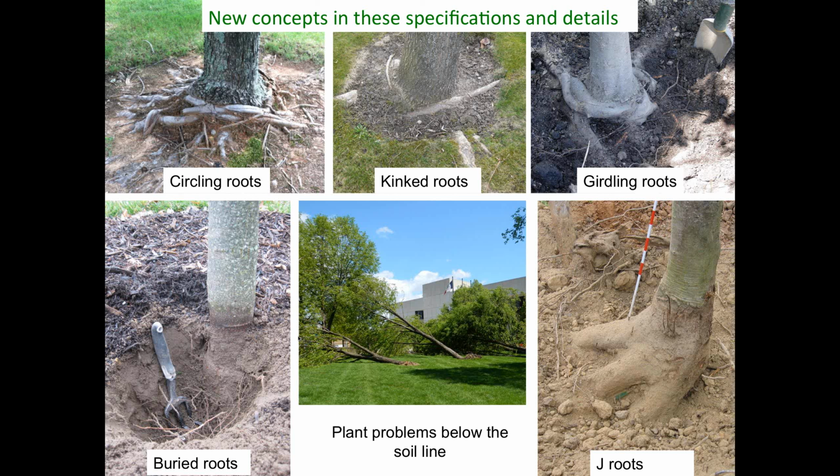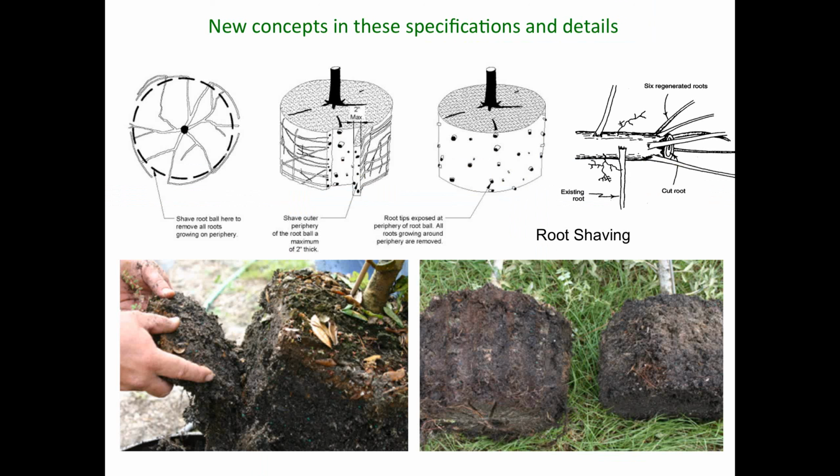And the sad thing is, when you're buying a tree, you're buying time. The larger it is, the more expensive it is, and there's an incredible amount of time lost in that landscape. This particular detail shows shaving.